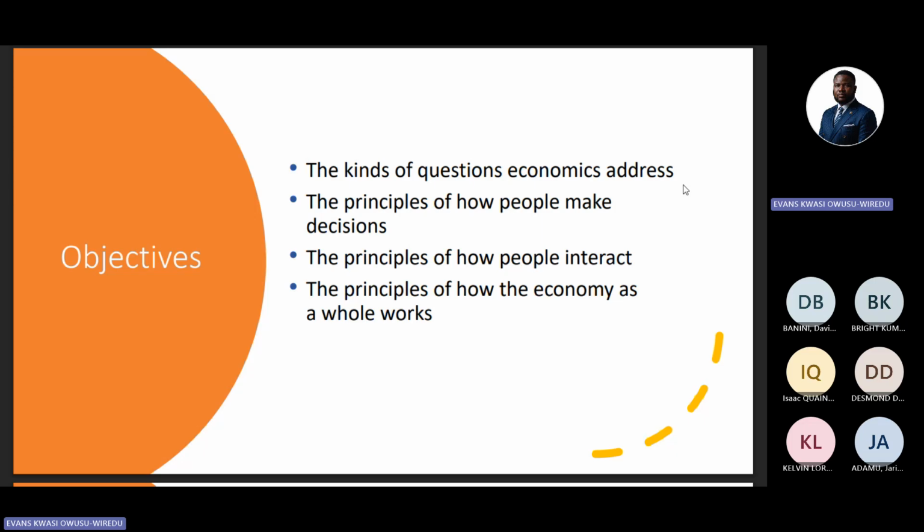We are also going to learn about the principles of how the economy as a whole works, which would later be around the macroeconomic session, which we may not go into, right? Since this course is entirely on the micro, which has to do with the individuals, right? And so we are going to spend a lot of time on these things.